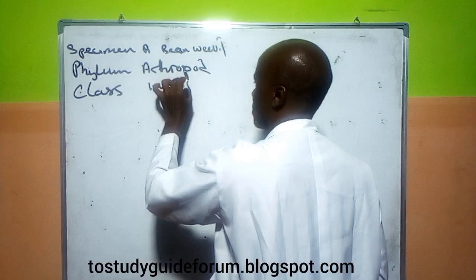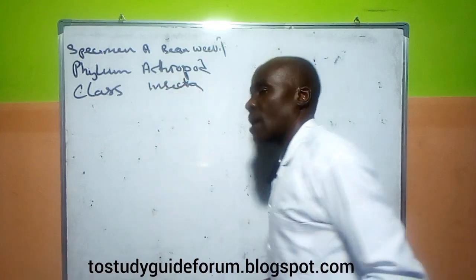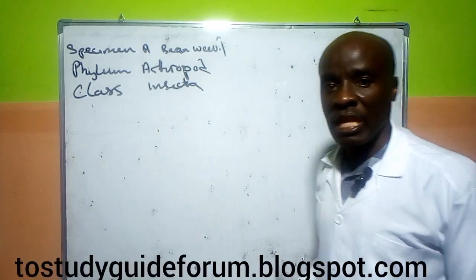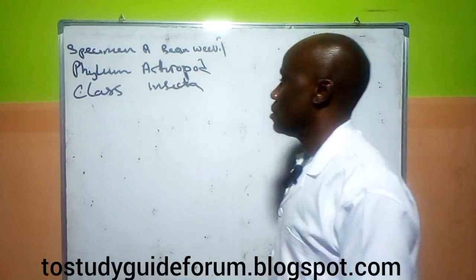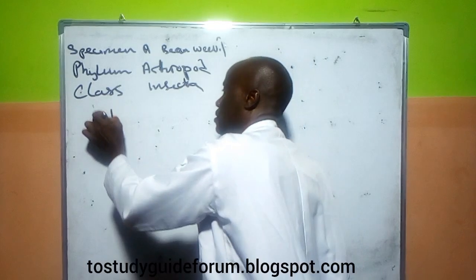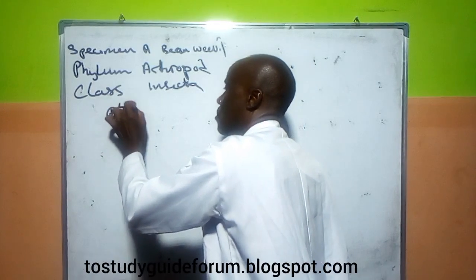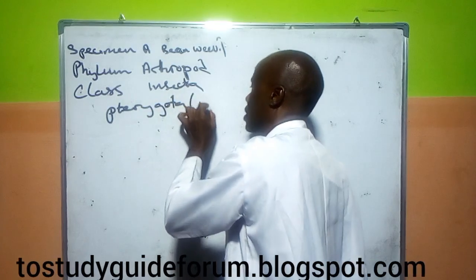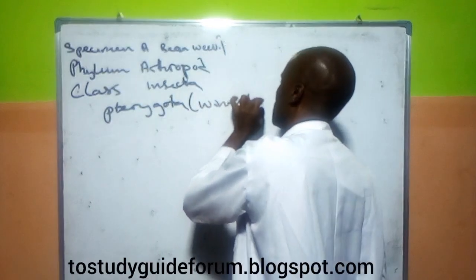Insecta. And it's also classified under the what? We call it Pterygota, which is winged insects.